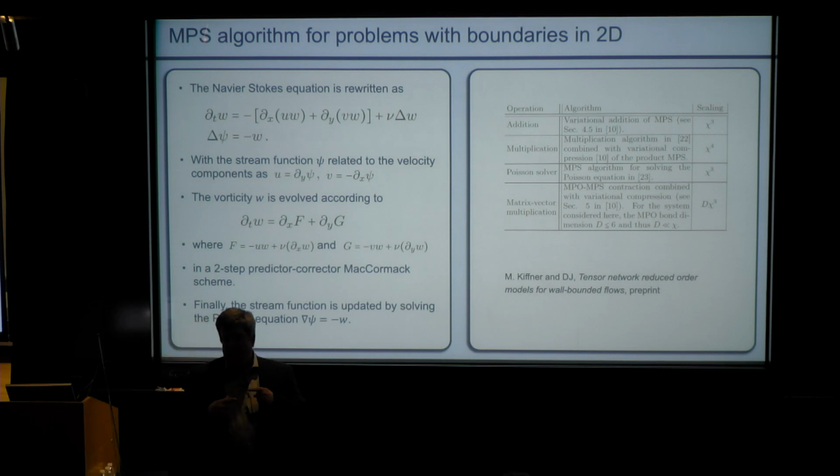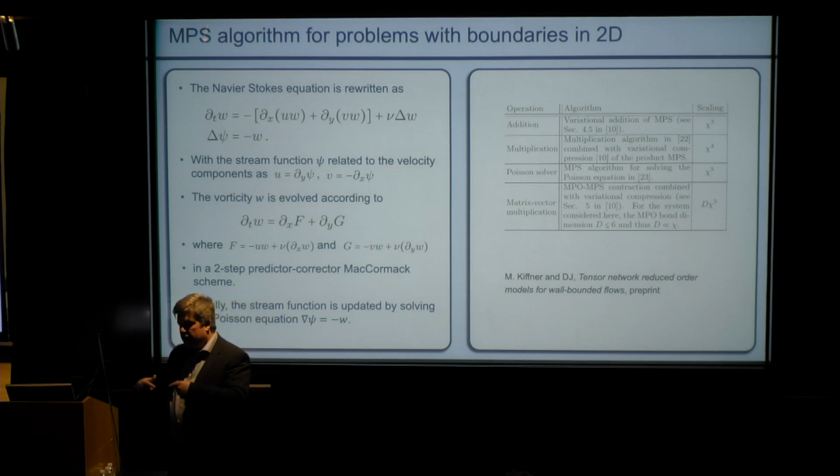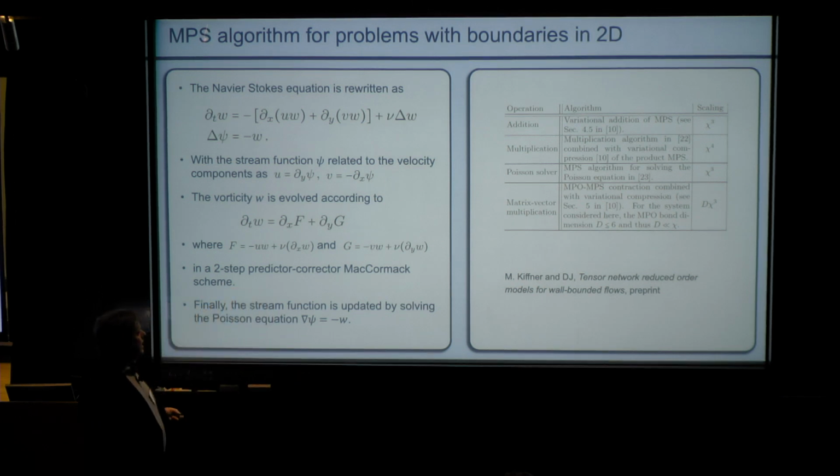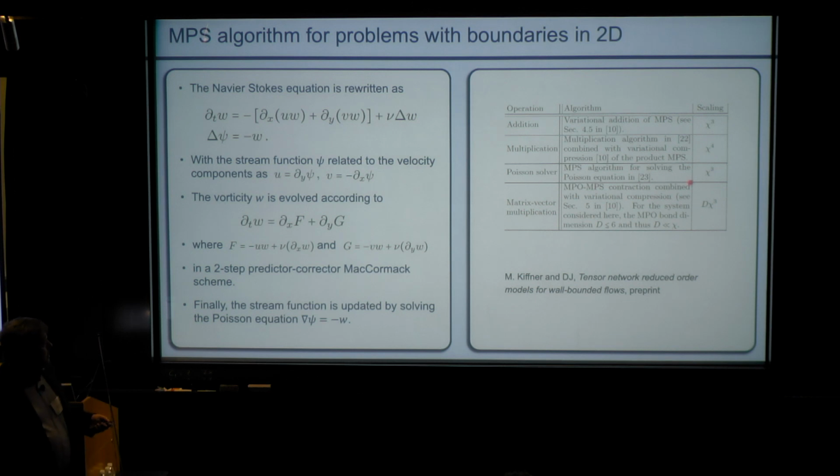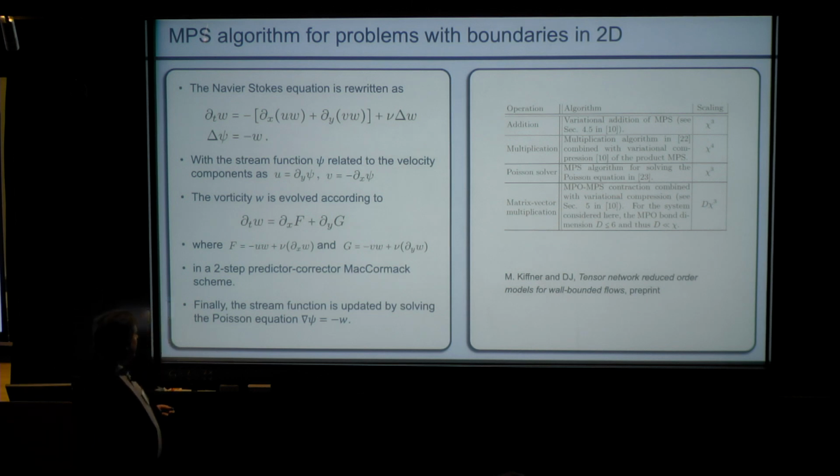We need to multiply different flow fields together in stepping the system forward. And this multiplication of two matrix product states goes like chi to the 4, and that's the main limitation. If that could be made faster, then this algorithm would outperform anything that is classically available, but this one holds us back.